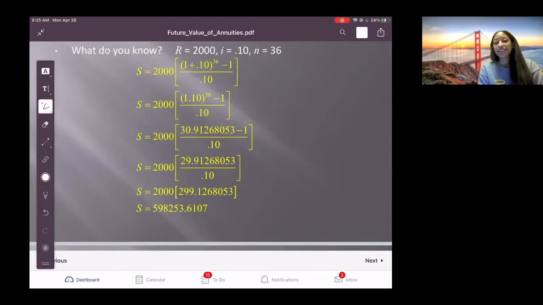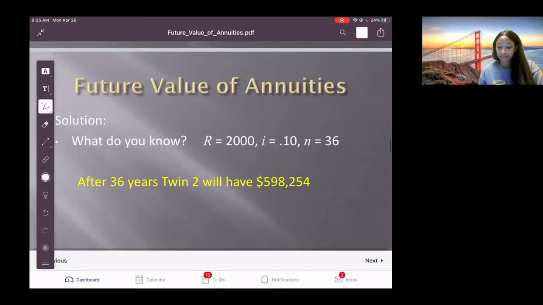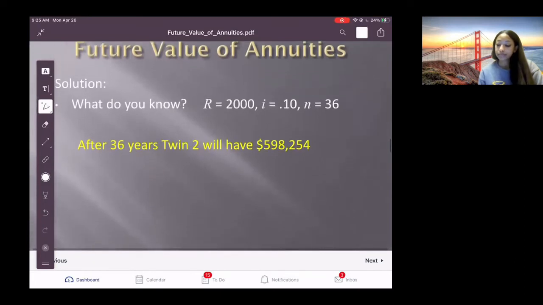Don't simplify until the very end. If we multiply this, twin 2 ends up with $598,253.61. All right. Not too bad, right?